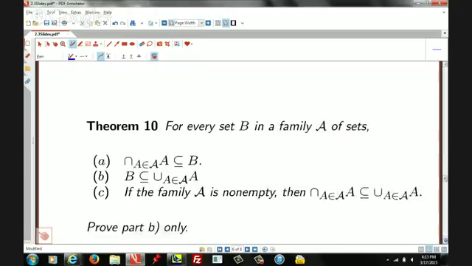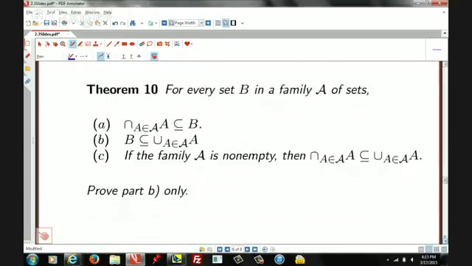Okay, now we're going to start on our theorems. For every set B in a family A of sets, the intersection is contained in B. That's an extension of one of the theorems we had last time. The intersection of two sets is a subset of either of the original sets. And then B is contained in the union of all the A's in A. And then if the family is non-empty, then the intersection is contained in the union. So we're looking at part B only.